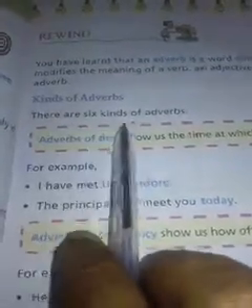Okay, now we will study kinds of adverbs. There are 6 kinds of adverbs: adverbs of time, adverbs of place, adverbs of degree, adverbs of frequency, adverbs of manner, adverbs of reason.